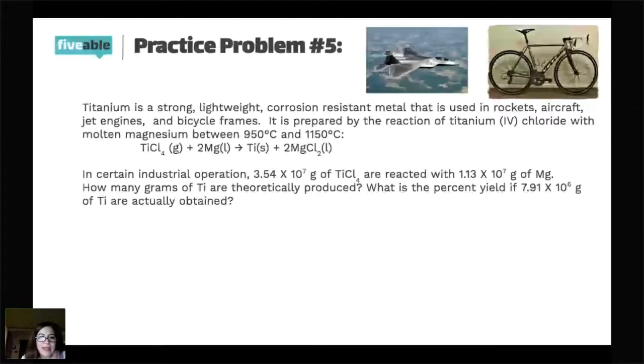So that's a theory. In theory, that's how much we will get. But in the real thing, maybe we didn't control the temperature, maybe the pressure was not the best one, maybe we didn't have the proper conditions, the catalyst.